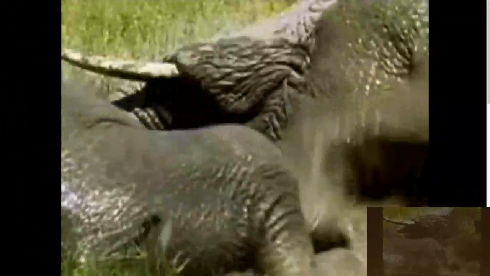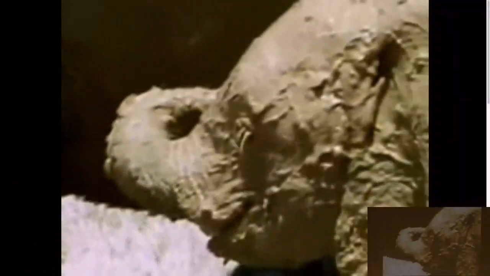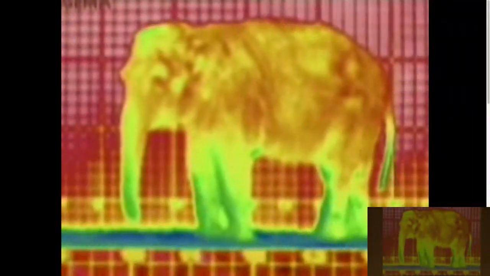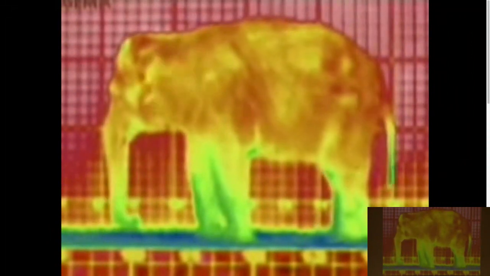While these elephants play, they cool down in the muddy water. Mud collects in their folds and holds moisture near the skin when they leave the pool. This moisture gradually evaporates and cools the elephant over time, much like evaporating sweat cools us. But perhaps the most impressive system for beating the heat can be found in the elephant's ears. As this infrared camera shows in red, these ears radiate a lot of heat.